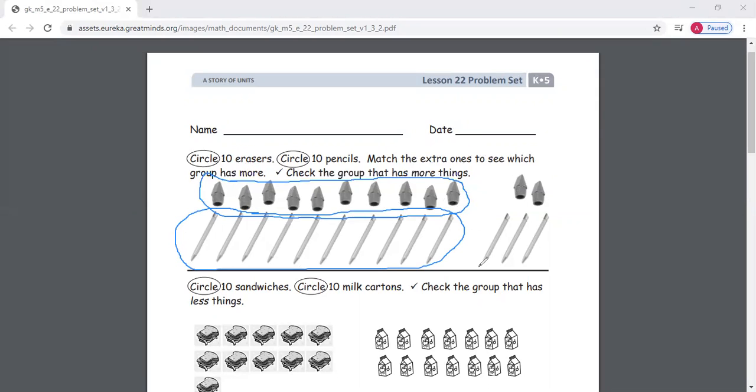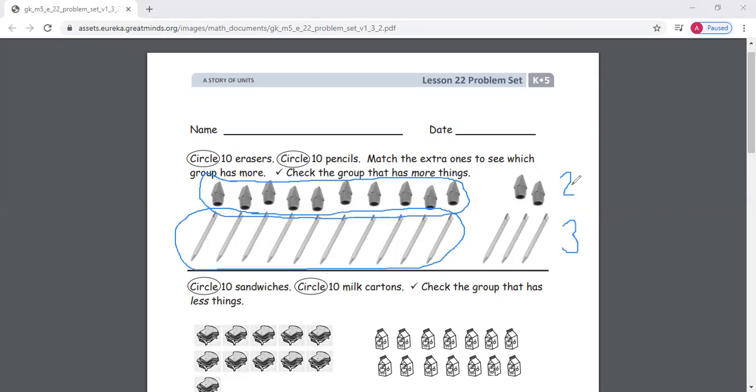Okay, so I have the extra erasers and extra pencils here. What we can do is count up how many erasers and how many pencils to see which one has more. How many erasers do we have extra? 2. And how many pencils are extra? 3.